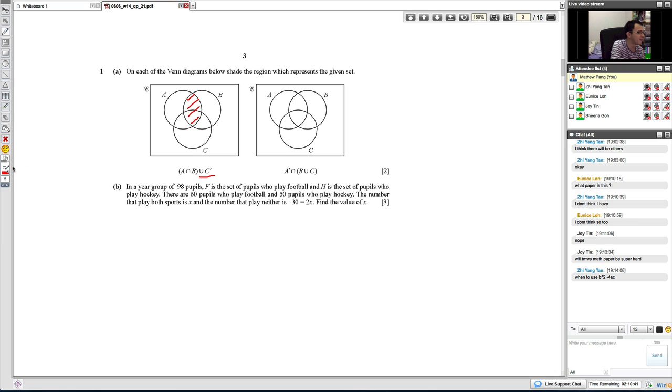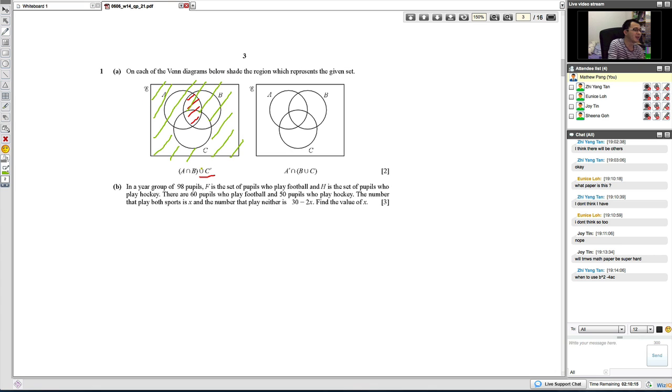C complement basically means everything outside of C. So I'm going to shade everything outside of C. Of course, if you use a ruler, you can shade nicer. This is everything outside of C, right?